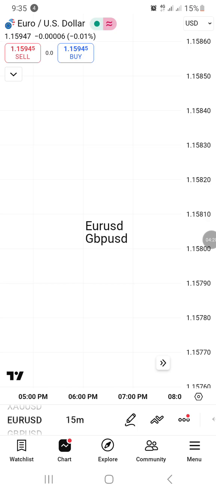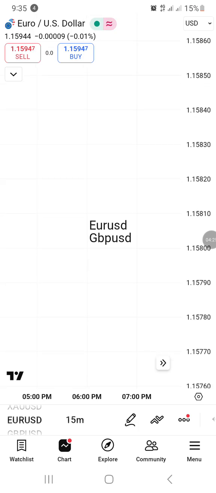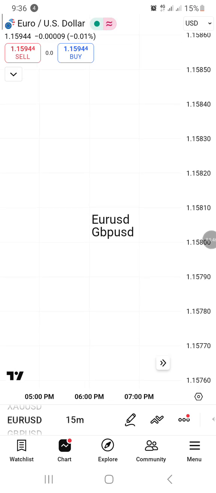So since they share the USD as their quote, if the pair Euro USD is buying, it means that the Euro is strengthening and the US dollar is weakening, right? So that affects even GBP USD, right?